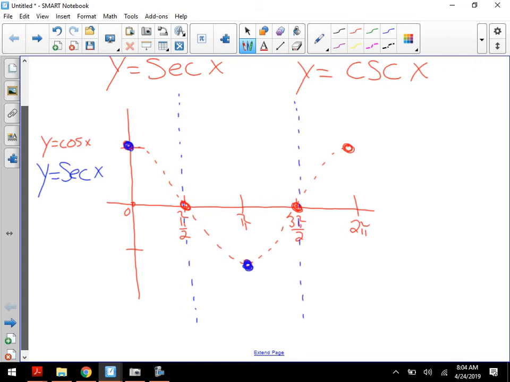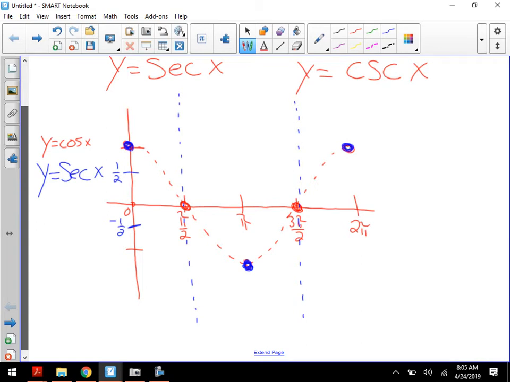And then again, what's the reciprocal of 1? So right now, all I have are these 3 points and 2 asymptotes, but I have no idea what the rest of the graph is doing. So we have to do a little bit of thinking. Do you guys agree that somewhere about here is negative 1/2? Do you also agree that somewhere about here is positive 1/2?